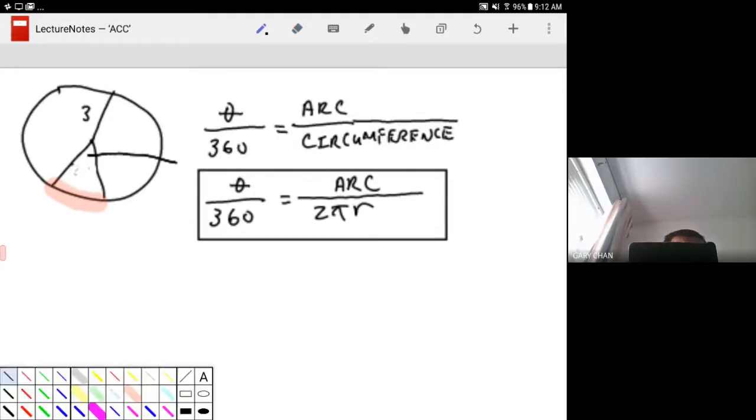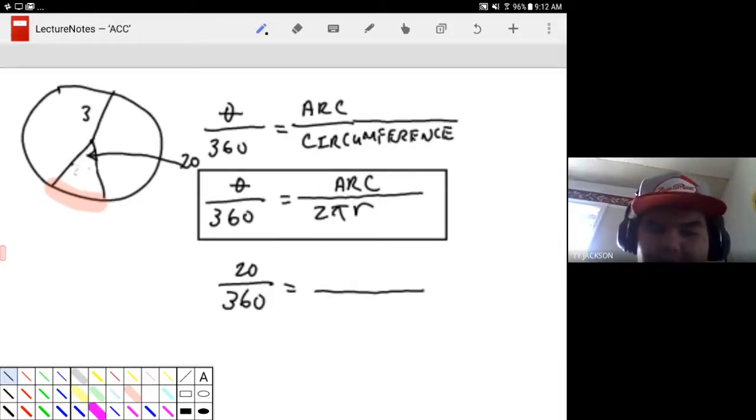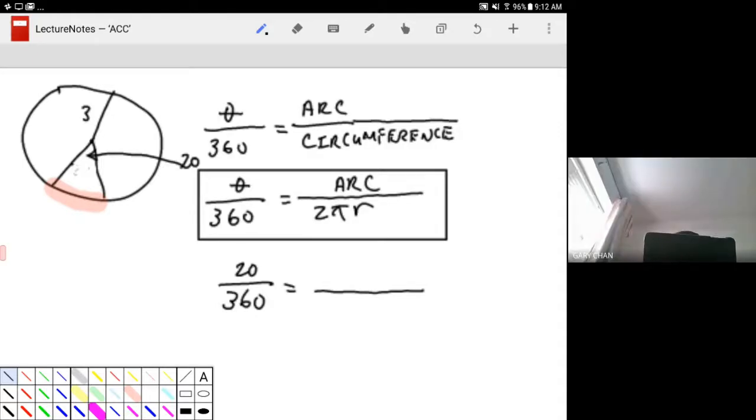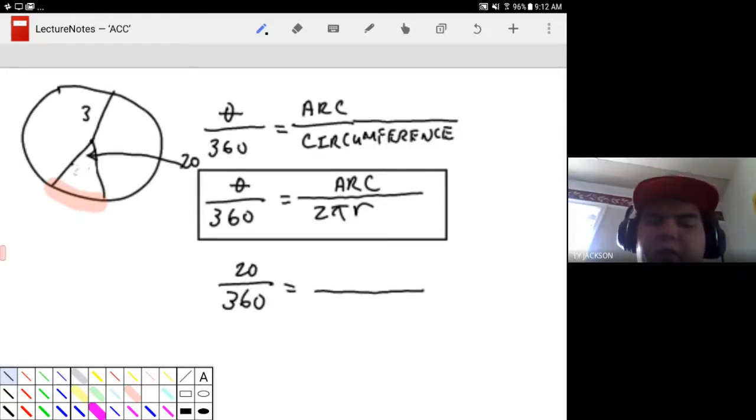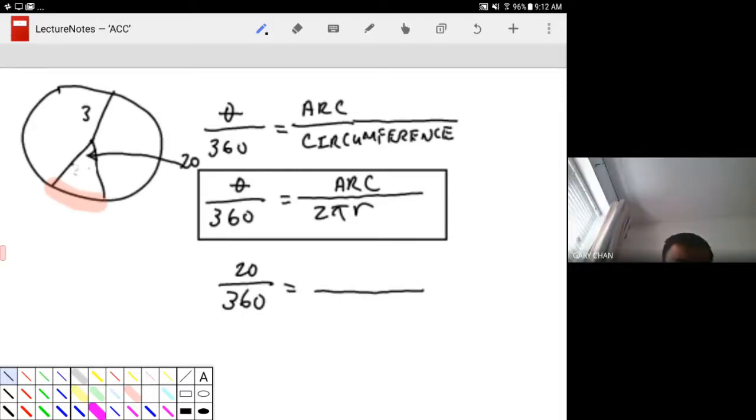So this angle in here is 20 degrees. So therefore 20 over 360 is equal to, do we know what the length of the arc is? The length of the arc is 3. No, that's the length of the radius. Oh, no, we don't. We don't know the length of the arc.